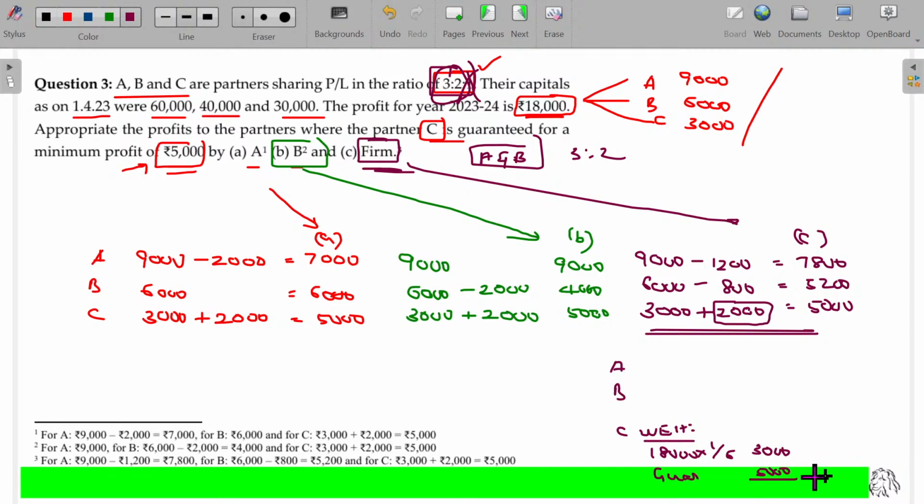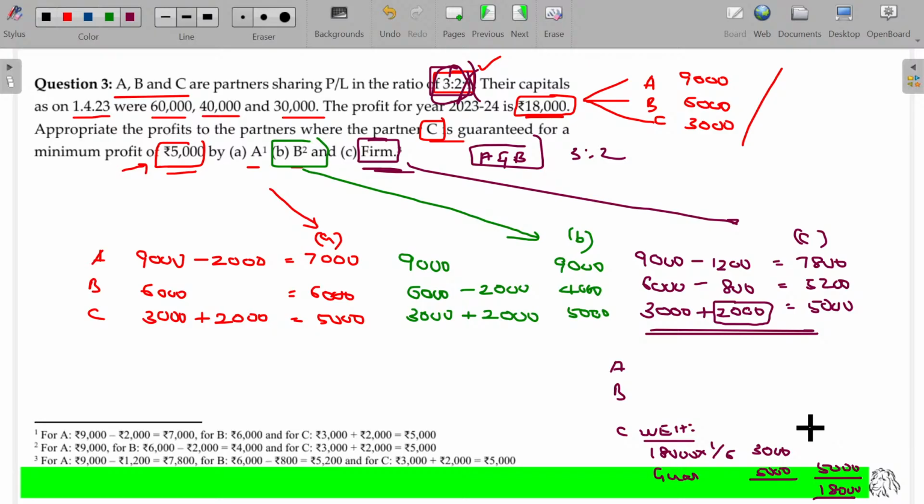Between these two, whichever is higher will be payable. Overall profit being 18,000, out of that C should be given the guarantee of 5,000 or the 1/6 share, whichever is higher.